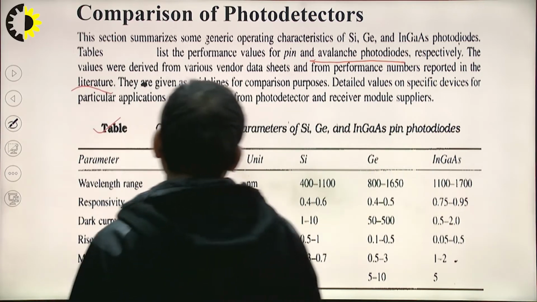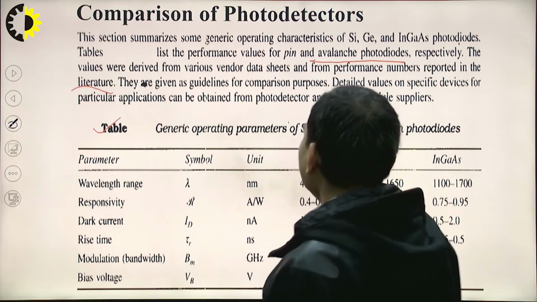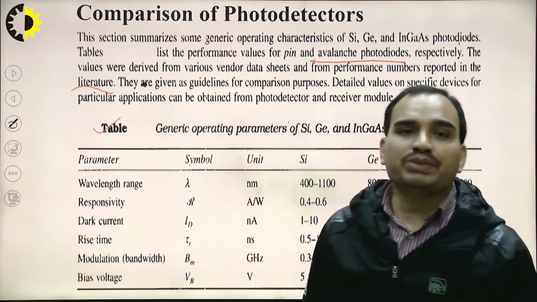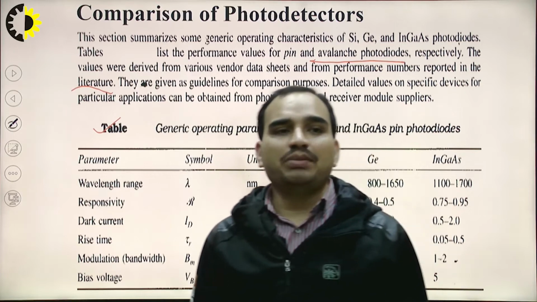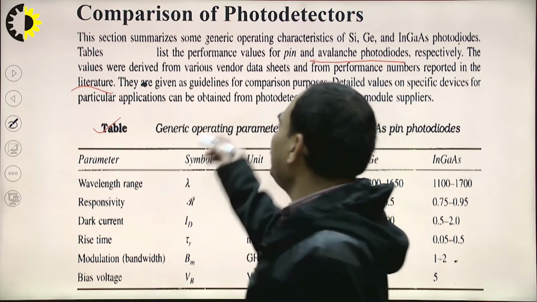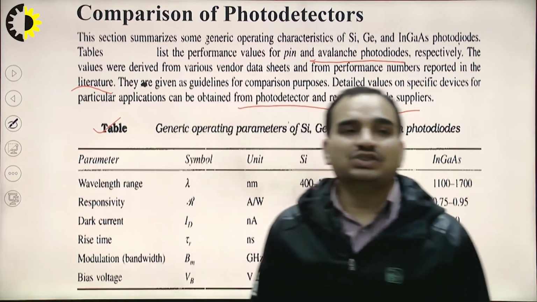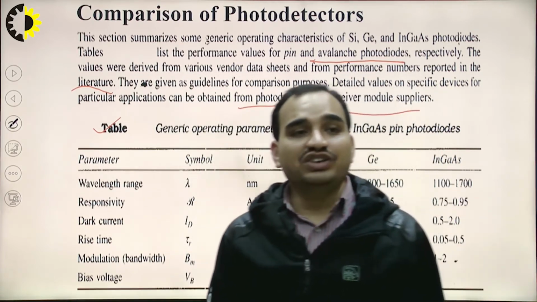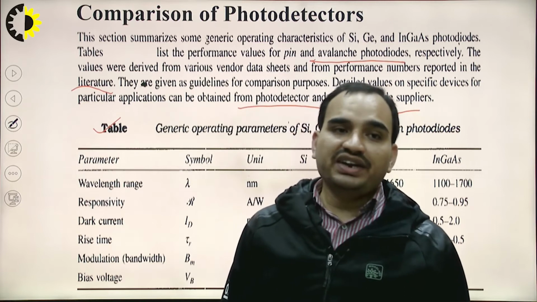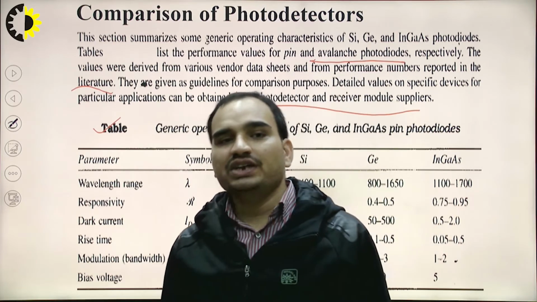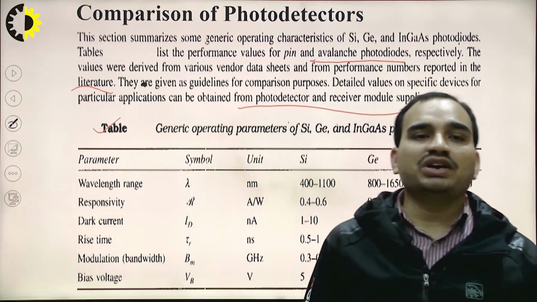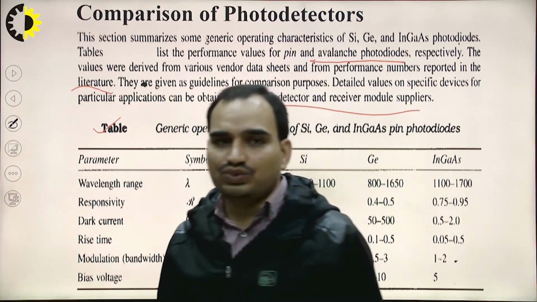They are given as guidelines for comparison purposes, and detailed values on specific devices for a particular application can be obtained from the photodetector and receiver module suppliers. Here we have the generic operating parameters of silicon, germanium, and indium gallium arsenide PIN photodiodes.